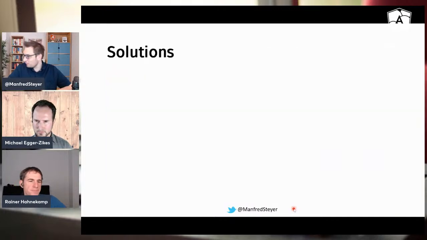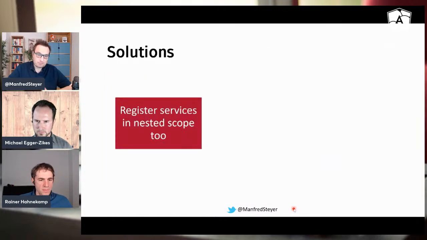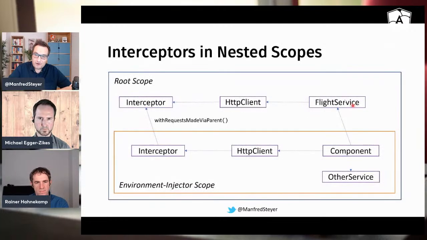So what are the solutions for this now? Well, we can register services in nested scopes too. No one prevents us from re-registering the flight service in here. In this case, also Bob's your uncle, obviously. However, I don't like this because now I need to think twice and several times where to re-register my services.